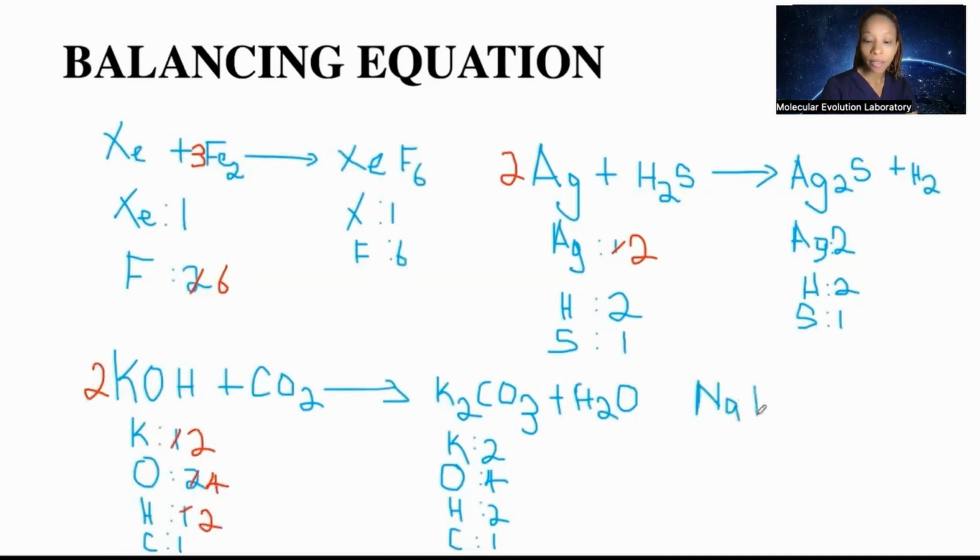Here we have sodium plus chlorine. That gives you sodium chloride. On this side, we have 1 sodium and 2 chlorine. On the product side, we have 1 sodium, as well as 1 chlorine.